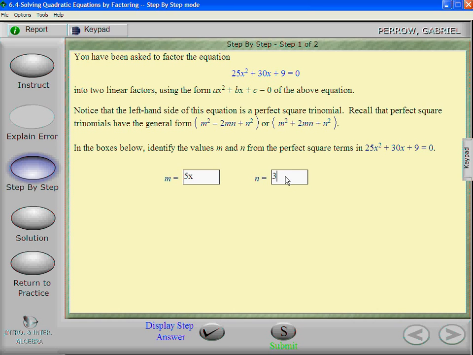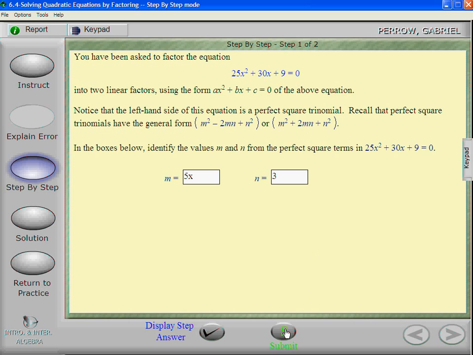But really, this isn't the way to do this problem, in my opinion, because when you approach these problems, you're not going to necessarily recognize right off that this is a perfect square. You might, but you could just multiply the outside numbers together, try to come up with something that would multiply to give you that, but then add up to 30, and work it like the other problems.